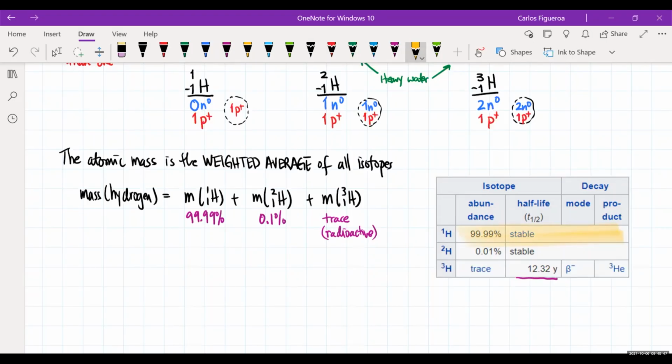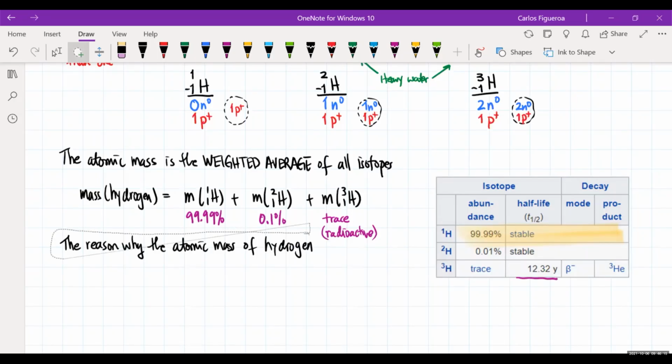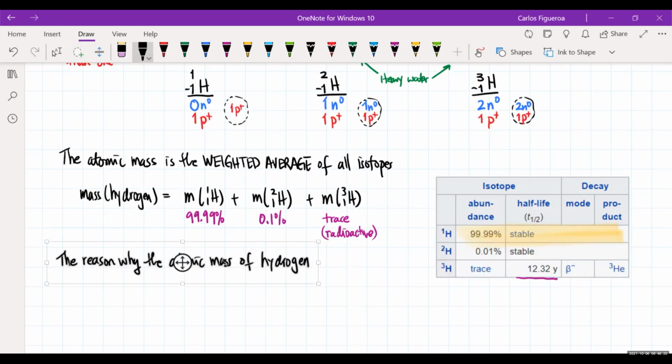It's that element. So the reason why the atomic mass of hydrogen is not exactly 1 is because of hydrogens 2 and 3.